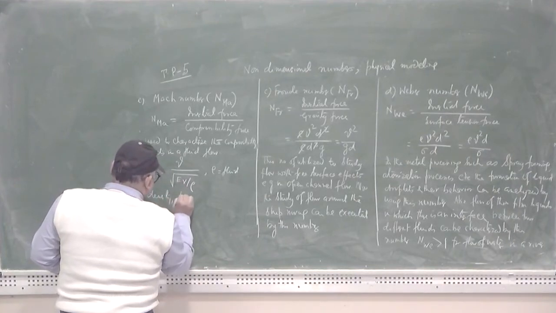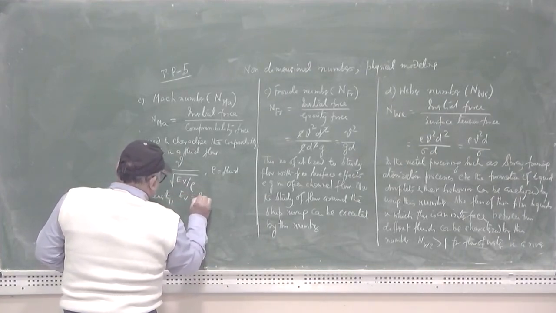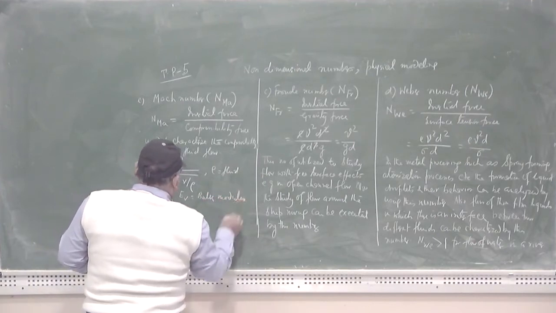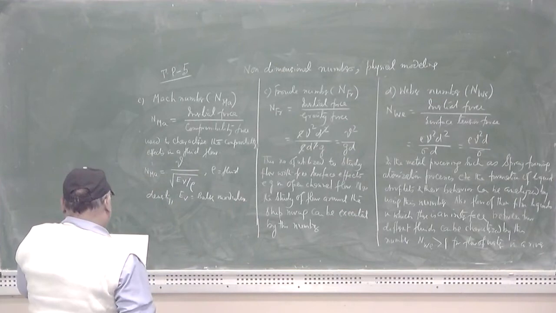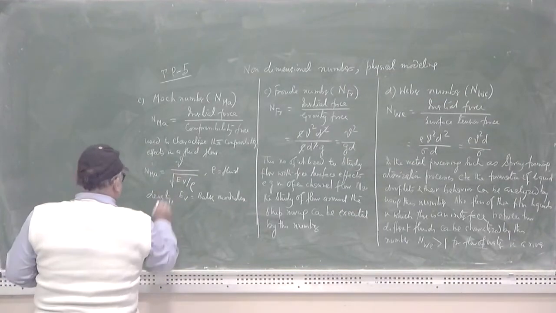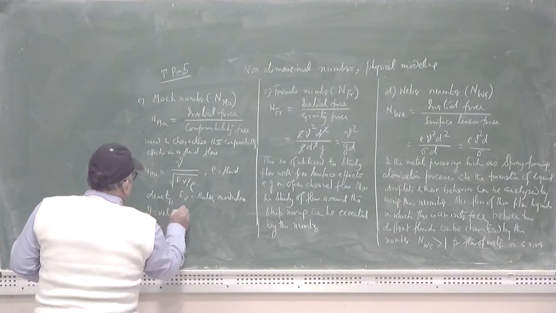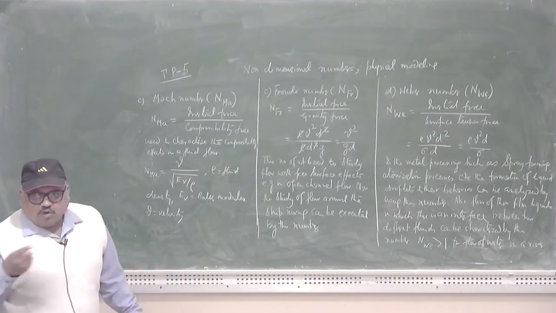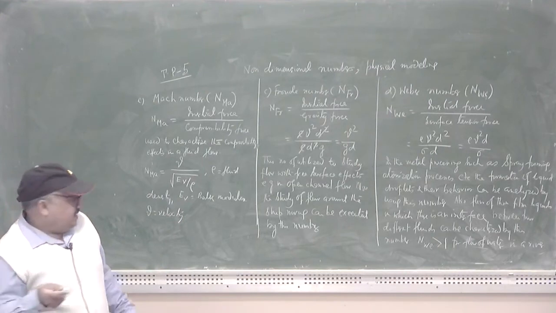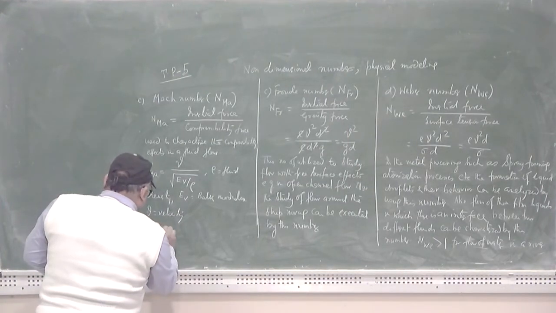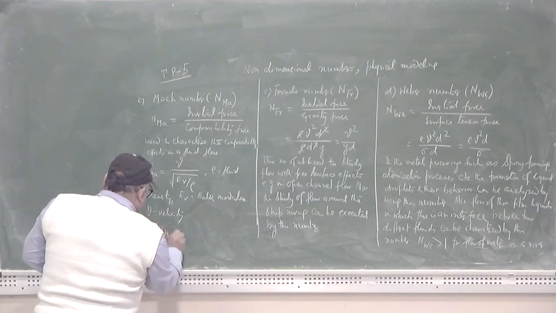This quantity E nu is called the bulk modulus. And v is the velocity. If you take the square of this Mach number, then again it is a dimensionless number.